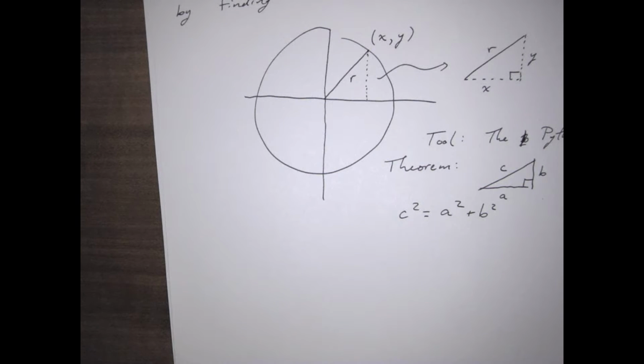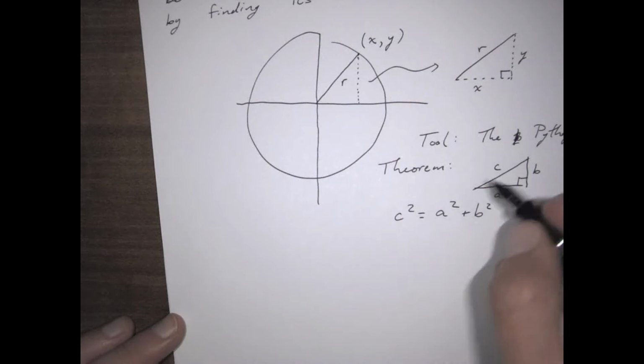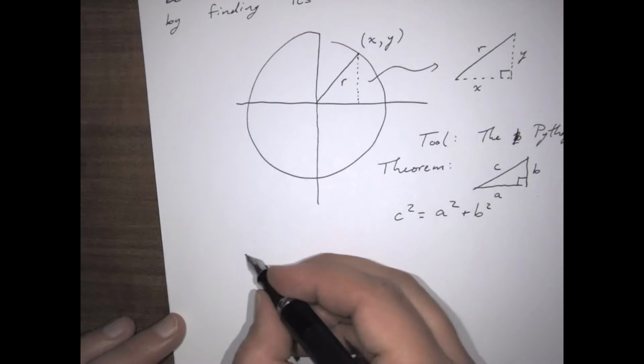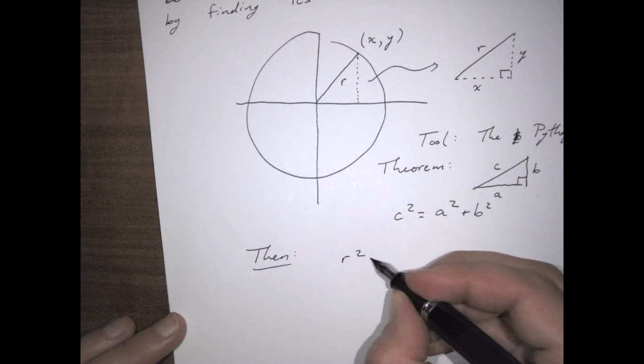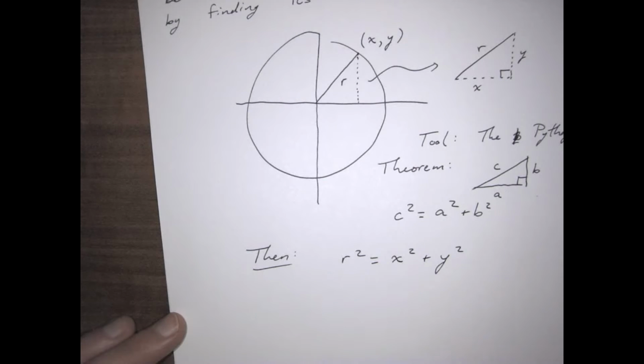We have exactly this sort of situation. We have a right triangle whose two legs we know and whose hypotenuse we do not know, and so we will go ahead and translate this into that. So then r squared is equal to x squared plus y squared.